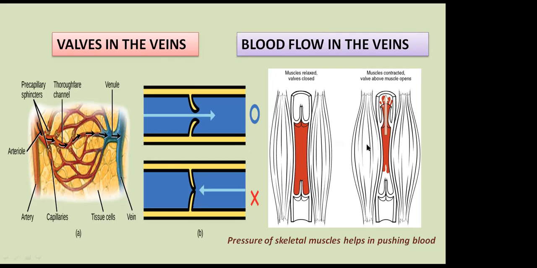As we are doing locomotion and movement, the skeletal muscles undergo contractions and relaxations which exert pressure on the veins for the flow of blood. And due to the gravitational force, the blood may return back to the tissues. To prevent this, the valves prevent backward flow.